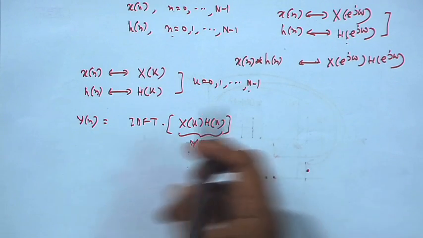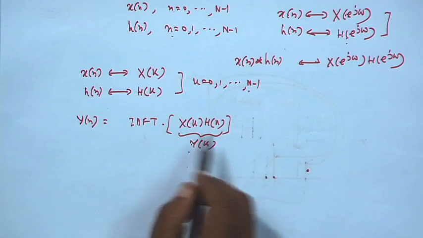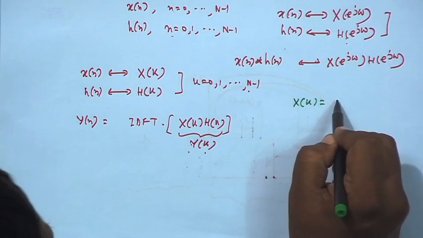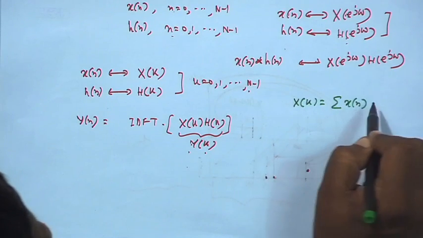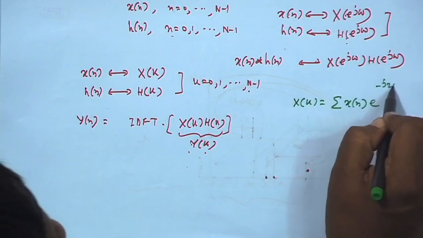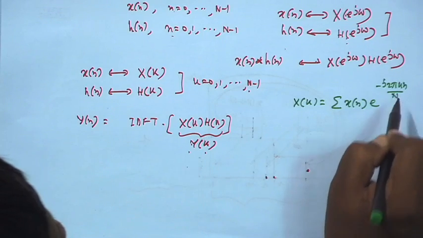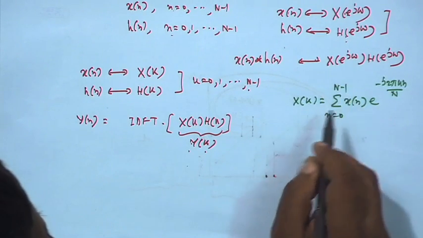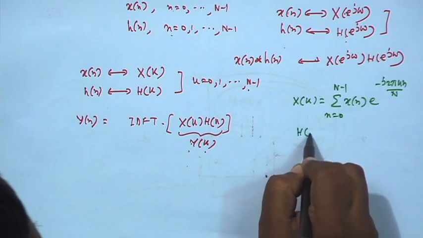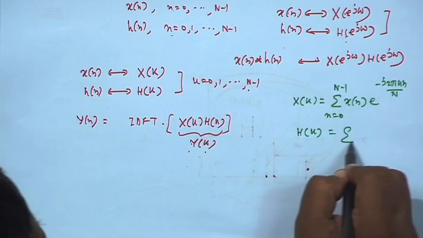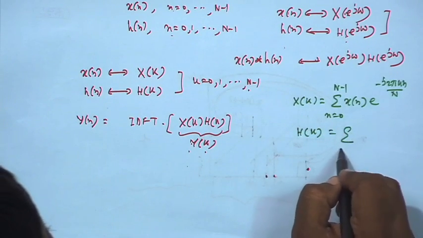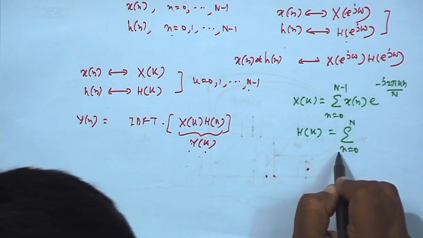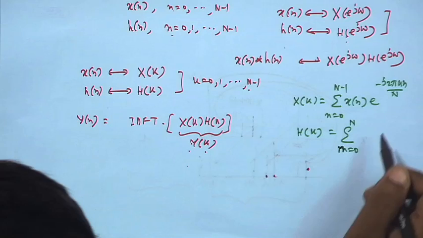To work that out, we carry out this. We know that Xk is, instead of m, I give another symbol here, m.